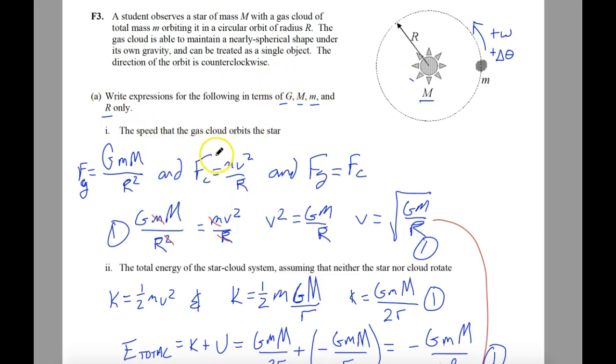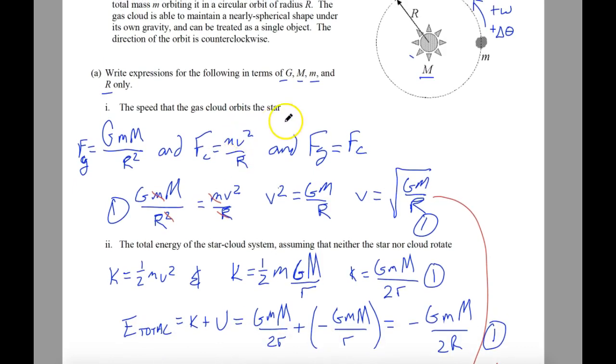They want us to find first the speed that the gas cloud orbits the star. We know the force of gravity between both is equal to this, and we know the centripetal force, which is pulling the gas cloud in, is Fc equal to little m v squared over r. When we do this, we have Fg equal to Fc, so we set those two things together.